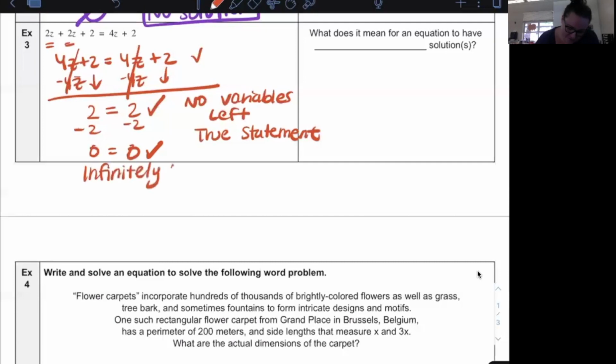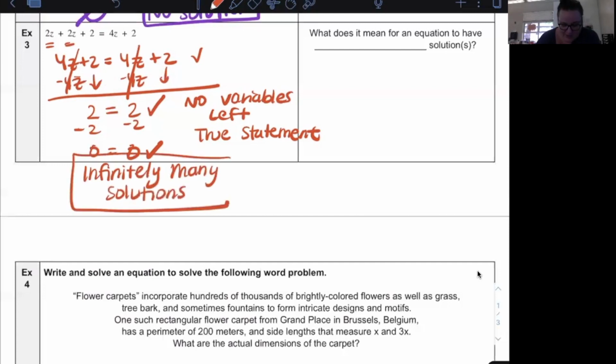Infinitely many solutions. Well, what do you think infinitely many solutions actually means? That's a bunch of words, but what would it actually mean? What it means is that no matter what value you plug in for the variable, you will always get a true statement.